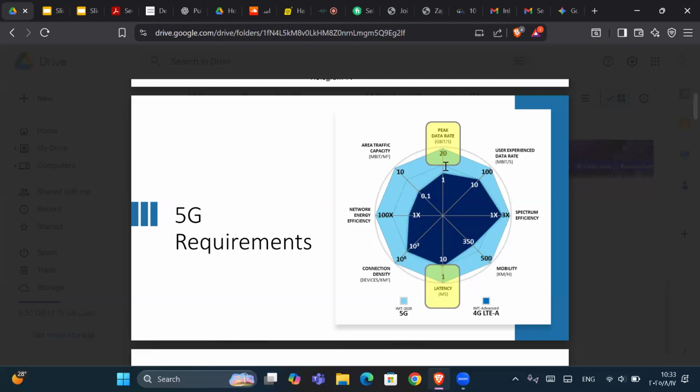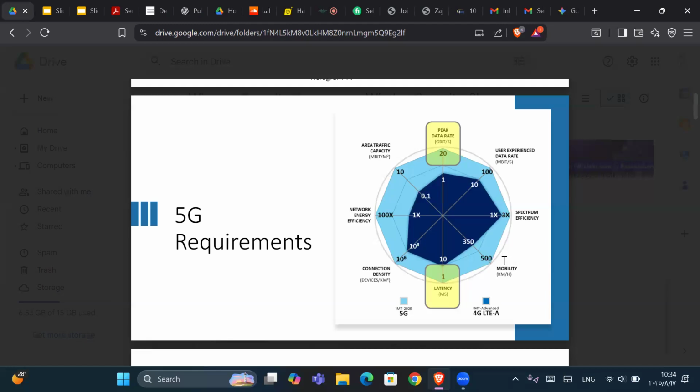And if we look into the latency, what's the latency of 5G? 5G here, latency is 1 millisecond, while 4G is 10 millisecond. And what about connection density? For 4G, it was like 1,000 devices in 1 kilometer. In 5G, you have almost 1 million devices in 1 kilometer.